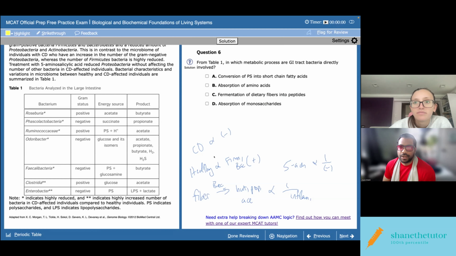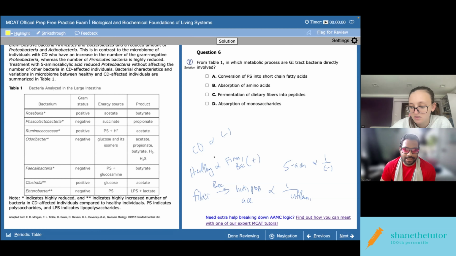It says bacteria analyzed in the large intestine. So all these bacteria count, and whether they're positive or negative doesn't matter for this question. But when we look at energy source and product, that is what will help us. First one, we have acetate turn into butyrate.